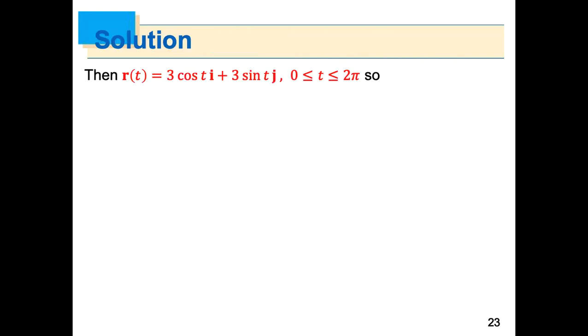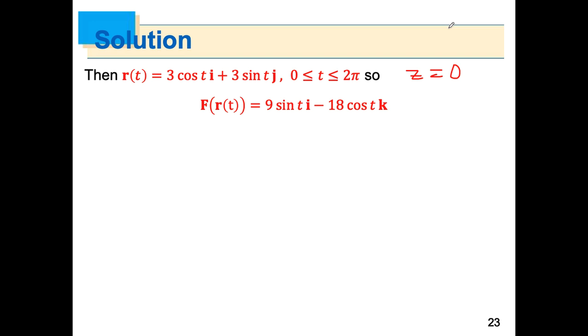Now in this case, that means our position vector will be 3 cosine t i plus 3 sine t j, a very familiar sight. If we plug this into our vector field, recall that on the xy plane z is equal to 0. So anywhere you see the letter z in your vector field F, that term will disappear.